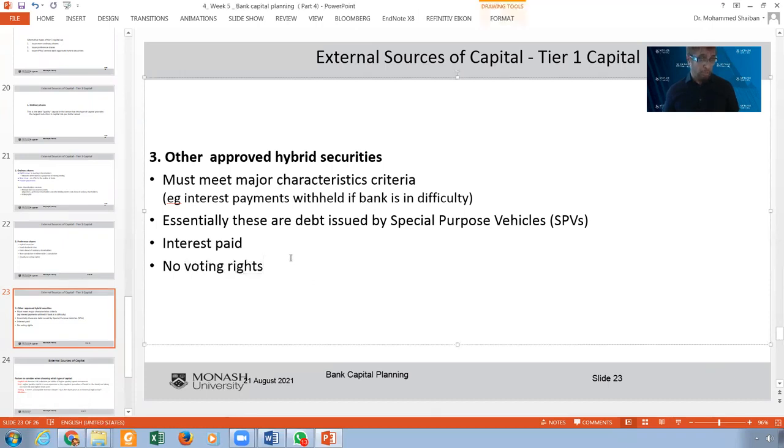I think what you're concerned with, when we talk about capital, is the payment, because what differentiates a debt from a capital is the servicing expenses, which means the interest. If we are servicing that capital, it becomes actually a debt because it has to be paid. But here we will pay it, but if we are in difficulty, then we don't pay it.